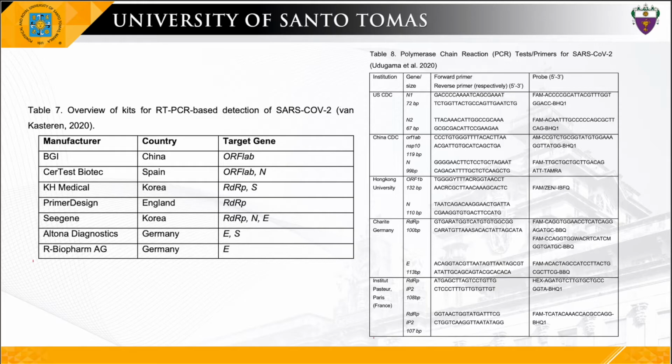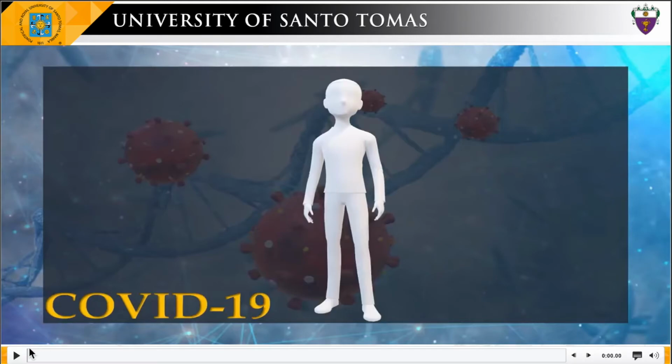So these are the current PCR tests available for this disease. Then in the next slide, I'm going to show you a short video about the testing of COVID-19 using RT-PCR. So, please listen to this.